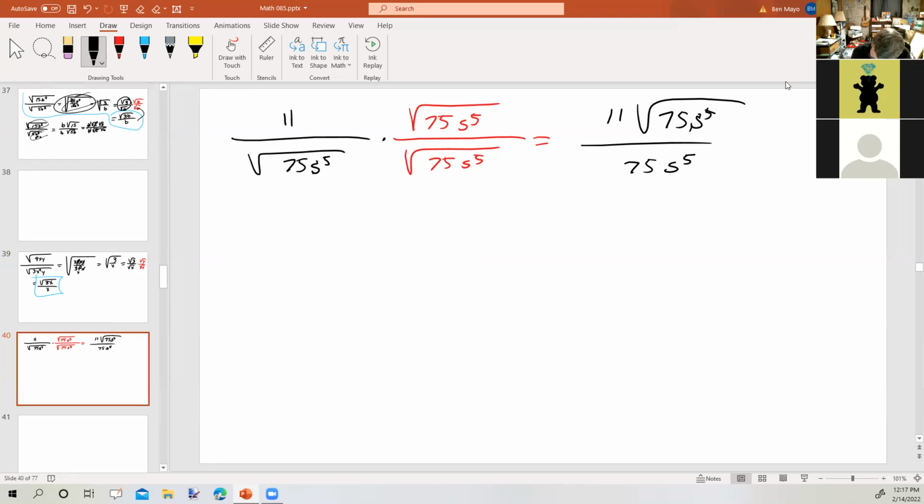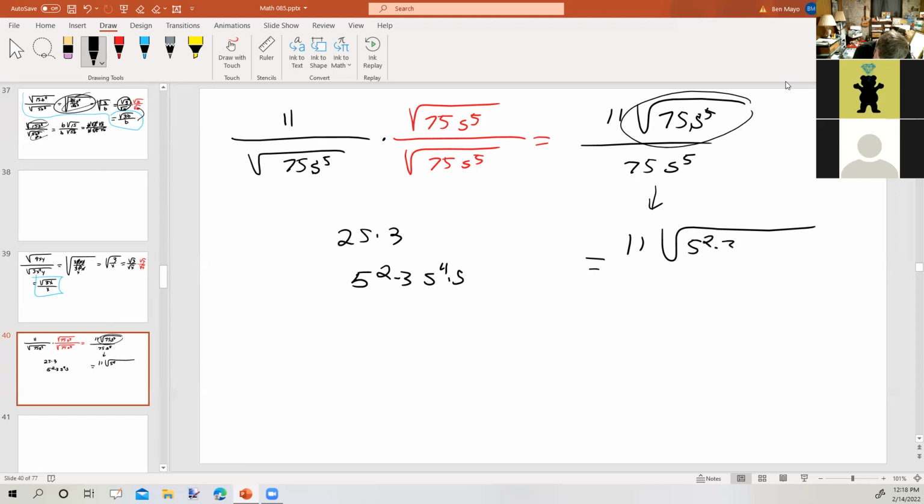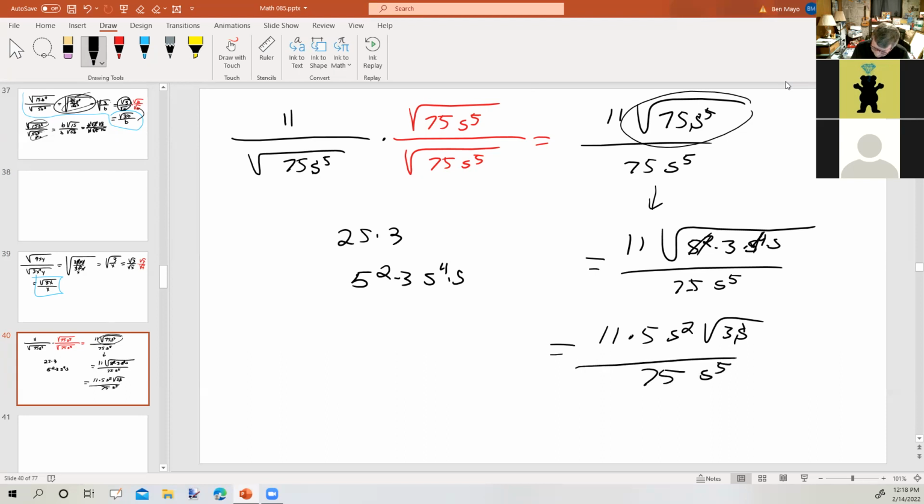Well, let's see. I could take the 75 and make it 25 times 3, which is 5 squared times 3, and s to the 5th and make it s to the 4th times s. So then this would become 11 square roots of 5 squared times 3 times s to the 4th times s over 75s to the 5th, which is 11 times 5 s squared square roots of 3s over 75s to the 5th.